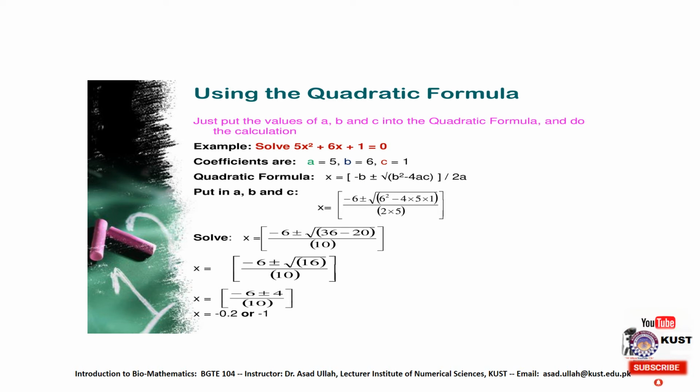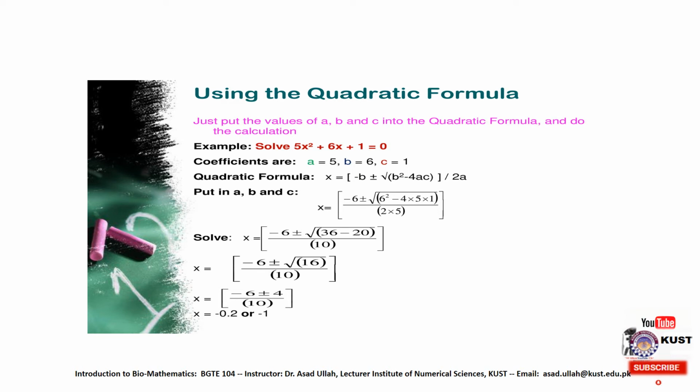Now using the values of a, b and c in the quadratic formula, we get x is equal to minus 6 plus minus the whole square root of 16 divided by 10. After simplification, the square root of 16 is plus or minus 4, so we get minus 6 plus minus 4 divided by 10. First we add, so we get x is equal to minus 6 plus 4 divided by 10.